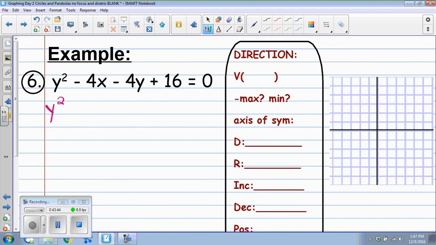So you'll do y squared minus 4y plus blank, so that we can complete the square with that, right? Equals, move the 4x over there, move the 16 over there. So equals 4x minus 16, don't forget, plus blank. You add blank to the left, you have to add blank to the right.